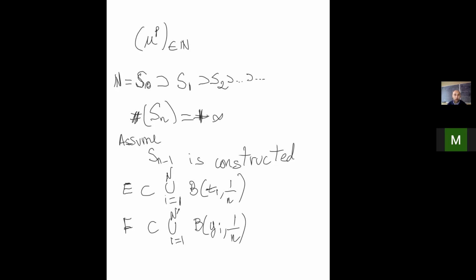Now I'm going to define a function phi, from my set S n minus 1, which is a subset of N, so these are natural numbers.